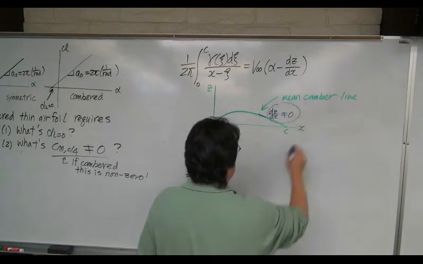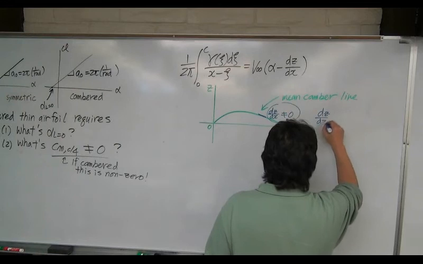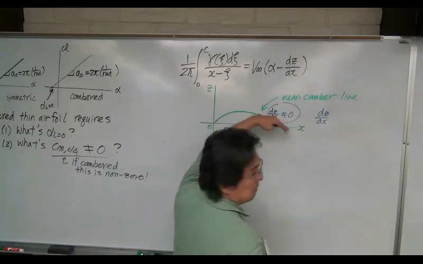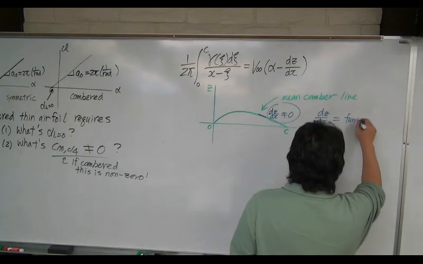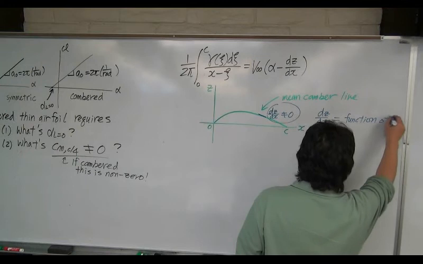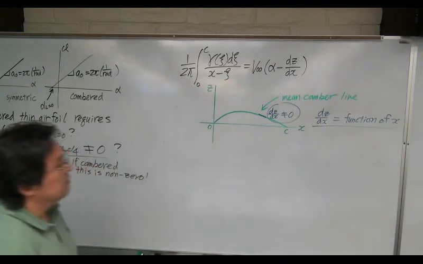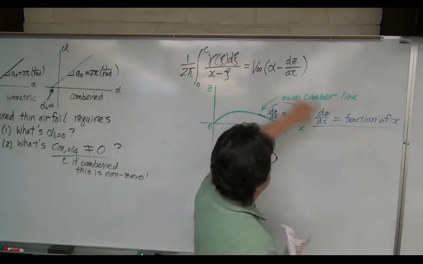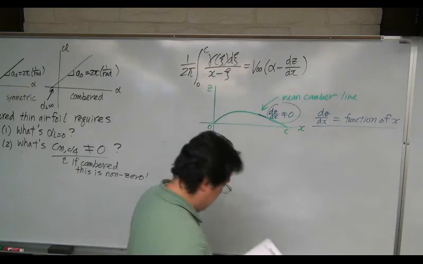So dz/dx is a function of x. dz/dx is essentially the slope of the mean camber. So first of all, you have to represent this dz/dx as a function of x, then you have to solve this equation.